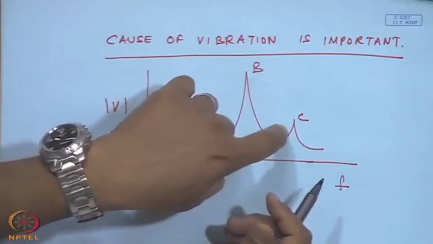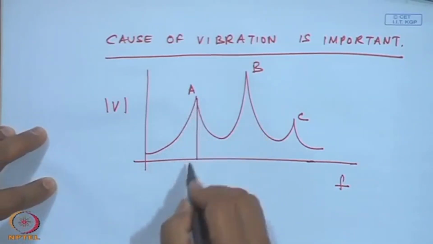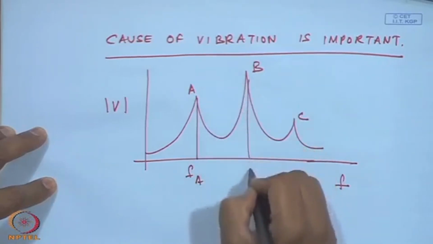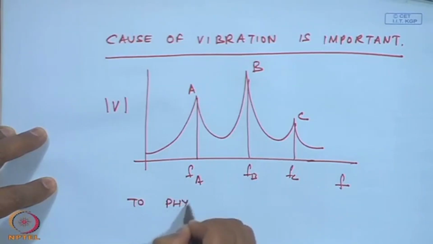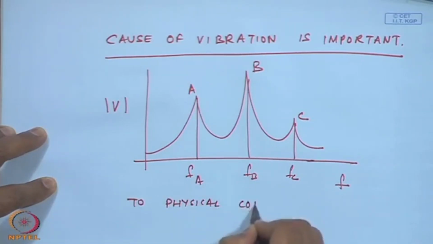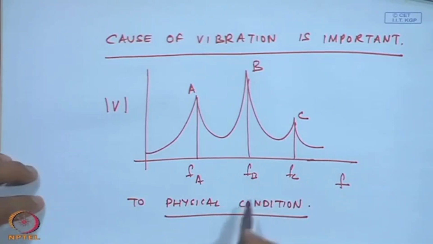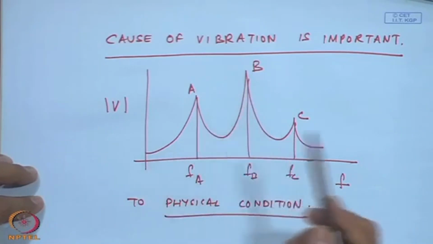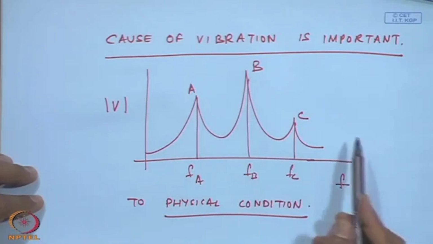But if I do a recording in the time domain, do an FFT analysis, see the individual components which have come up in the spectrum, and then relate these parameters F A, F B, F C to physical condition, only then can I say whether for the high levels of vibration, the component B is responsible or A is responsible or C is responsible. I can do that.